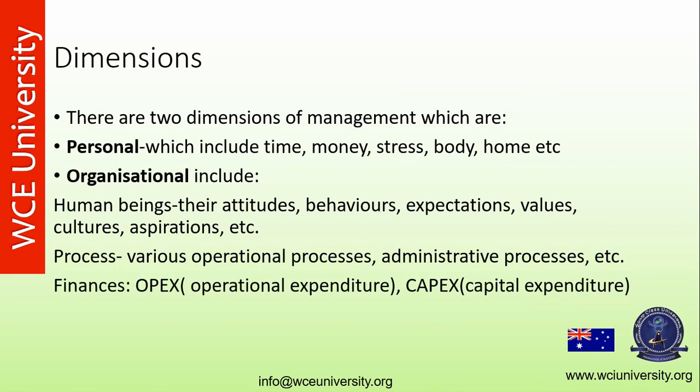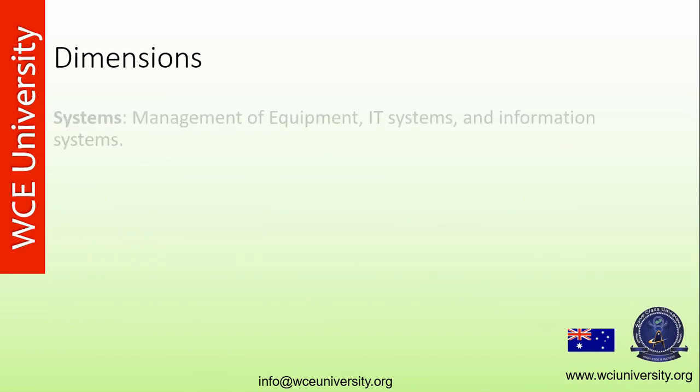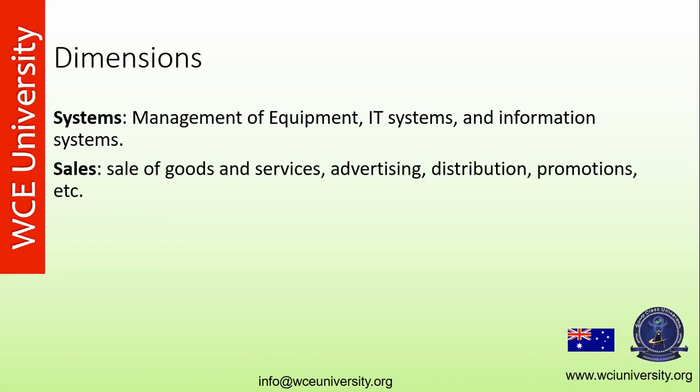Finances. In finances, we have two: OPEX, which is operational expenditure, and CAPEX, capital expenditure. Raw materials, buying and stocking of raw materials. Systems include management of equipment, IT systems, and information systems.